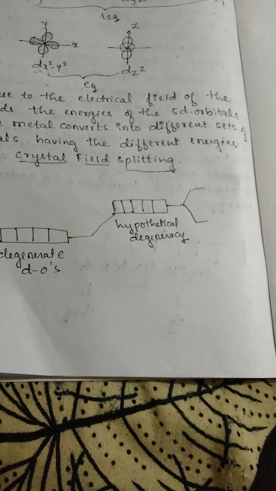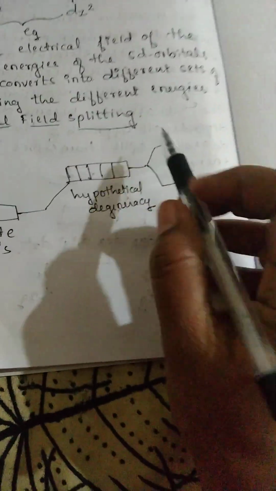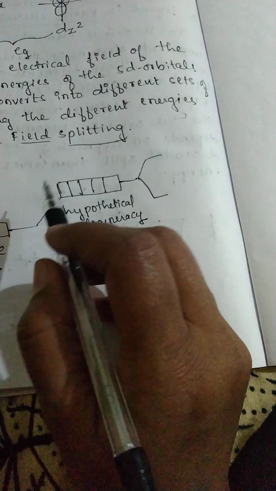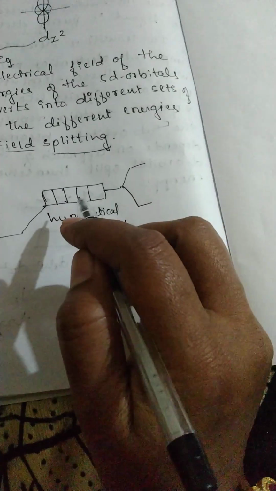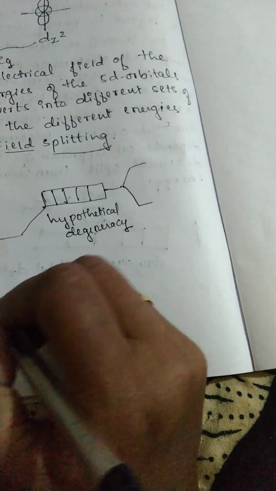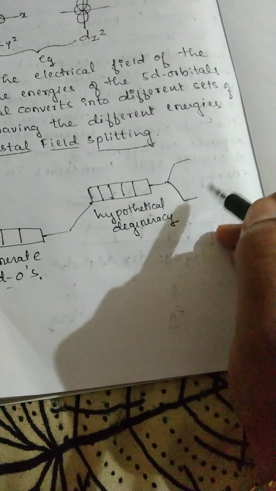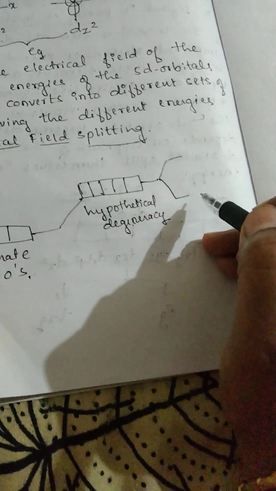Based on the approach of a ligand, repulsion occurs between the ligand and the metal, and the degenerate d orbitals will be split into two sets, Eg and T2g.